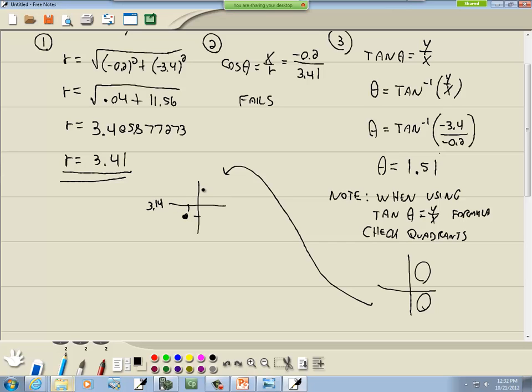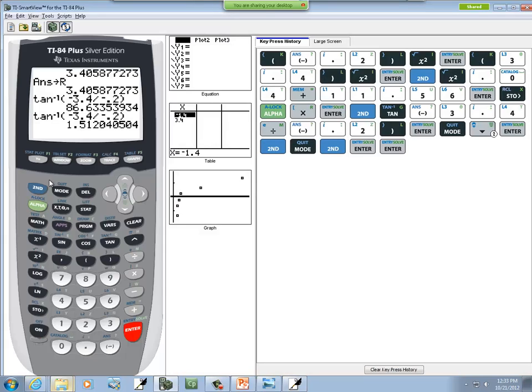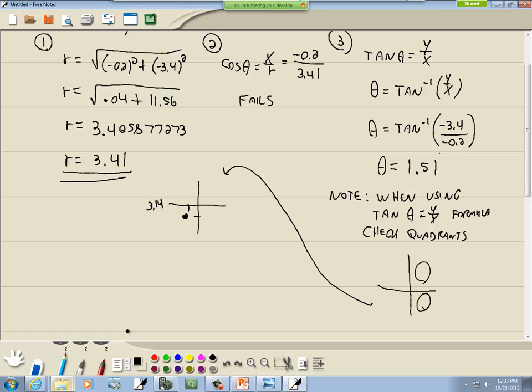Here's 3.14. And this is pi over 2, so let's see what that is in our calculator. Second caret divided by 2. This is 1.57. Now look what we came up with. We came up with 1.51.